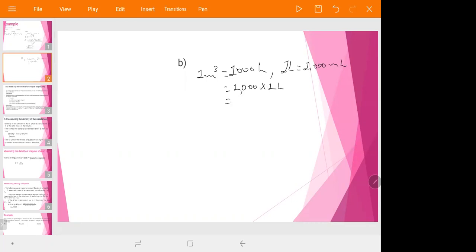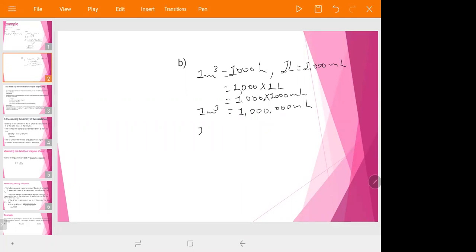Instead of 1 liter, you can insert 1,000 milliliter. When you multiply, you will get 1 million milliliter. Therefore, 1 meter cube is equal to how many milliliters? 1 million milliliters.